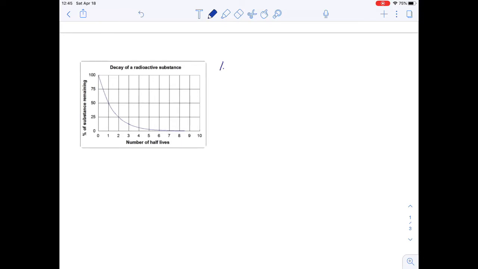So if we had a substance with a half-life of 1 million years, and in the sample, say a rock, could be a rock, could be a fossil, something like that.